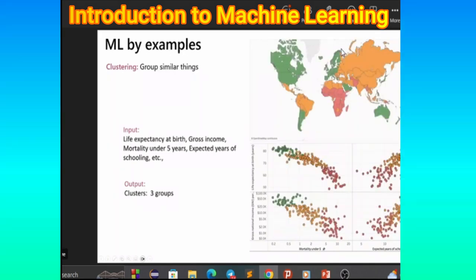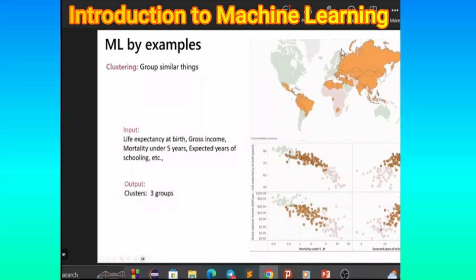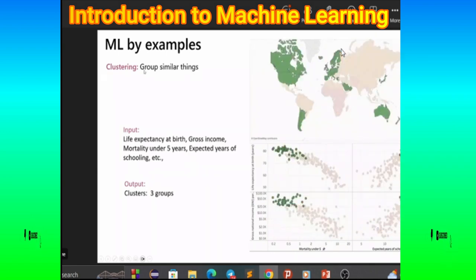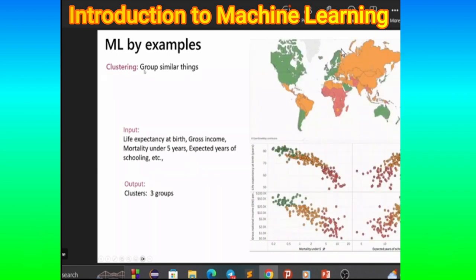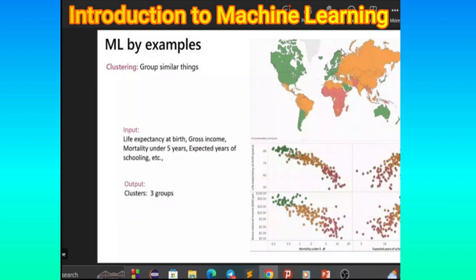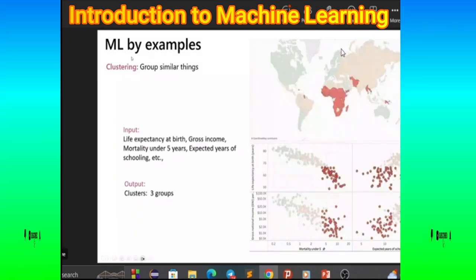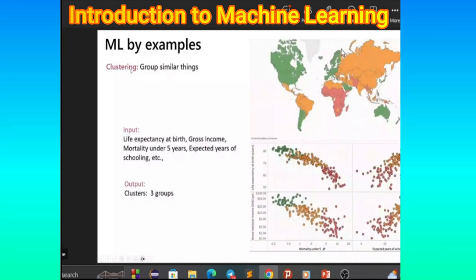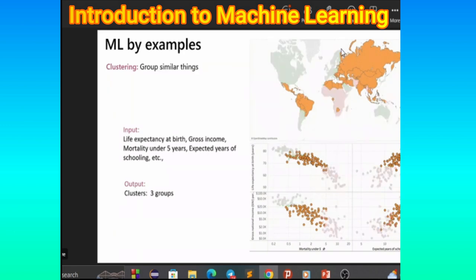So this is how we could classify countries based on the details that we see here, and say these are countries which can be grouped together. We simply use data, and based on that data, we group countries. We create a clustering model that groups countries.